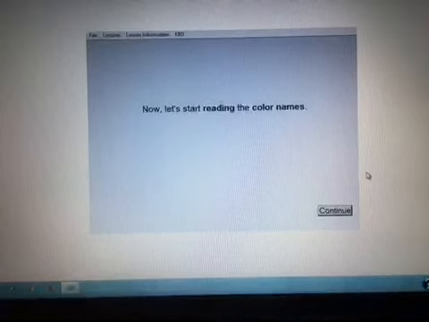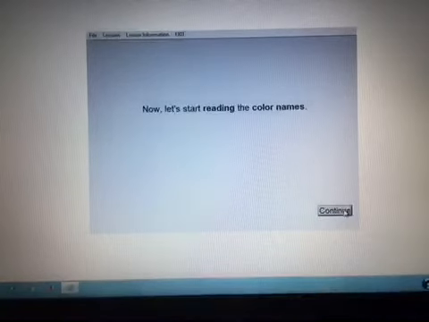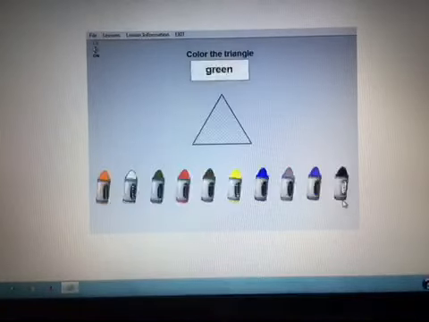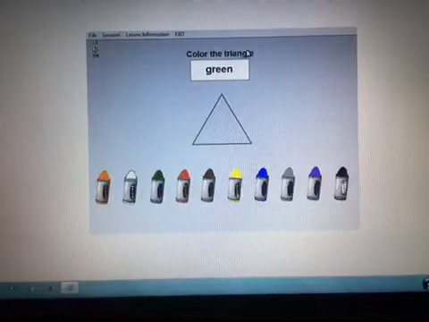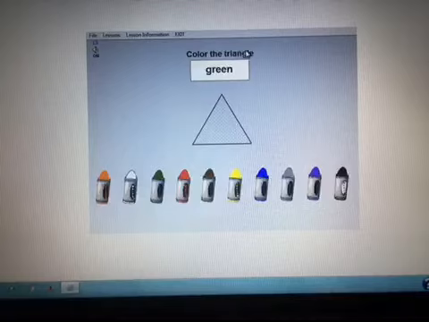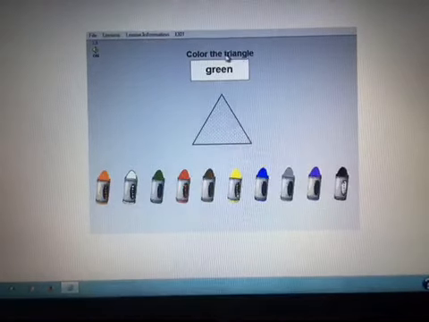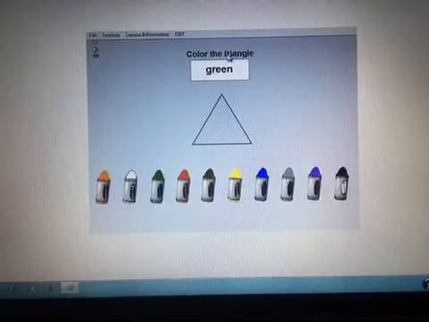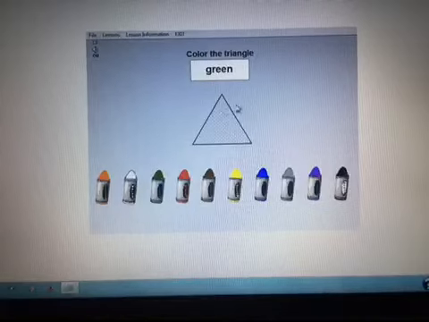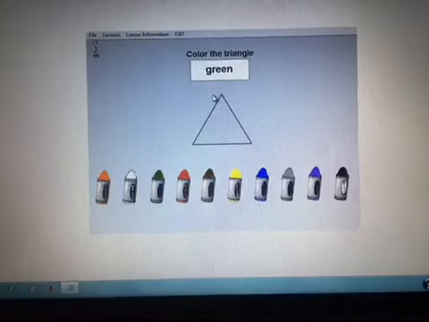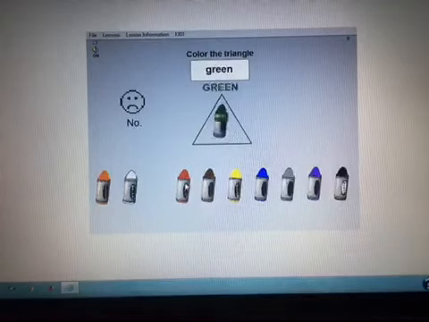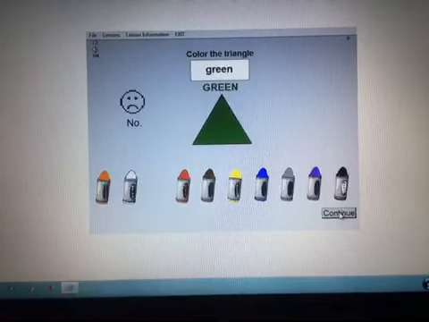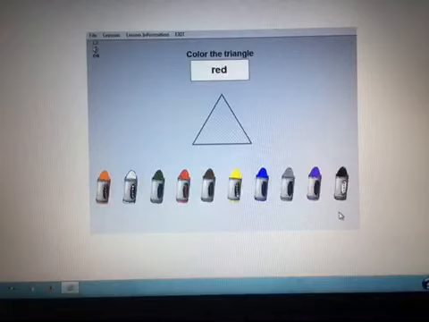Now let's start reading the color names. Color the triangle. And this time we have another shape. Again, if a child is reading ready, they may associate this word with this shape. No, green. Color the triangle.